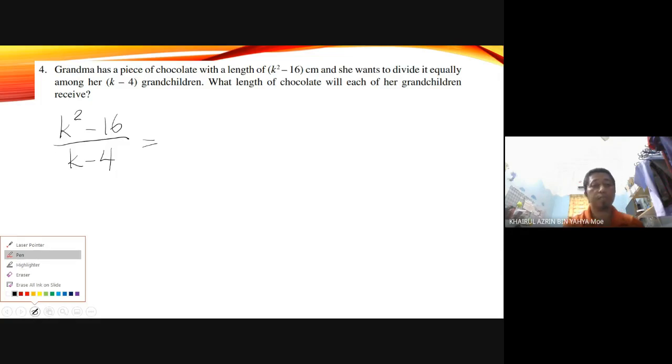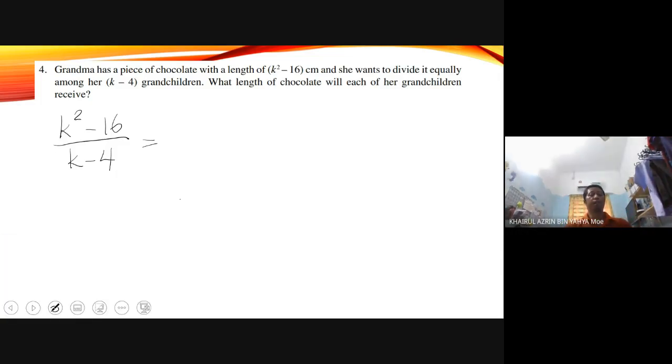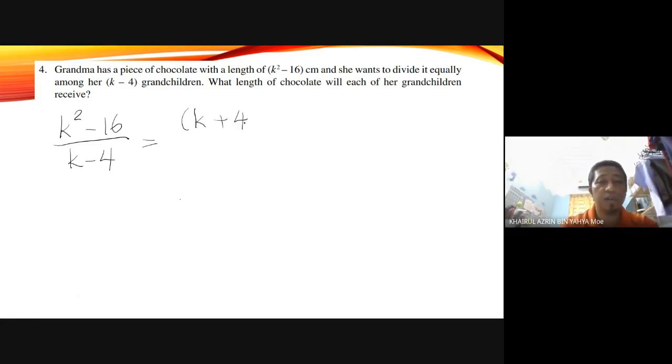So k square minus 16, that one we can factorize. If you still remember from yesterday's lesson, we can factorize it to k plus 4, k minus 4.